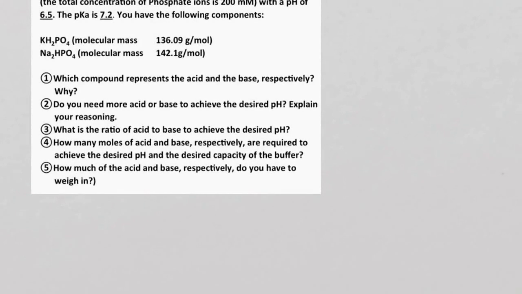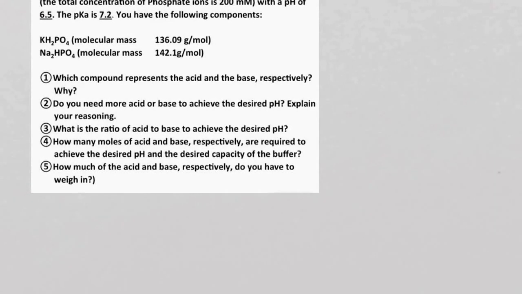For the second question, where we've been asked whether we need more acid or base to achieve the desired pH, we can simply say, okay, the desired pH is 6.5 and the pKa is 7.2.